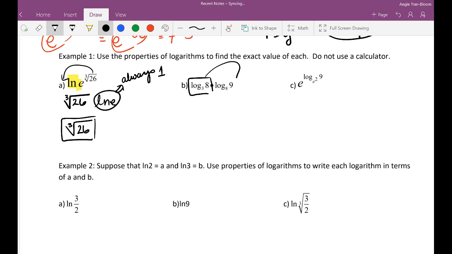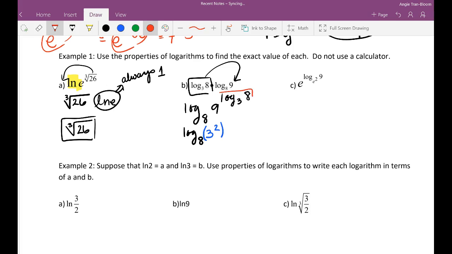I can bring it back up as a power, like this. Log base 8 of 9, because it's multiplication in front of a log, I can use this as a power of log base 3 of 8. Isn't that trippy? Then from here, I'm going to write 9 as 3 squared, because that gives me 9, and I'm going to just copy down this log base.